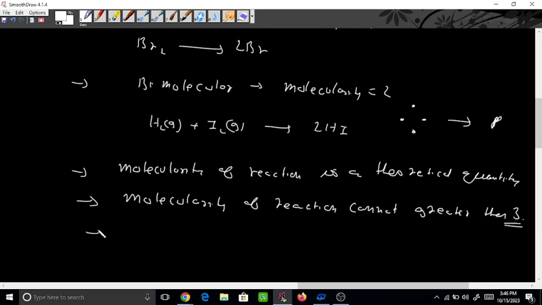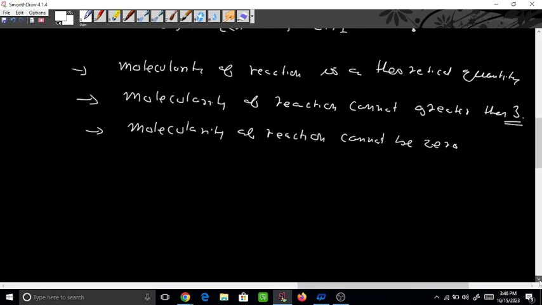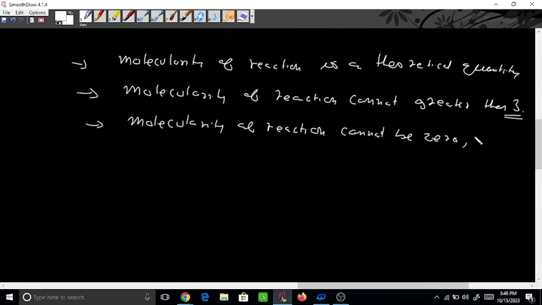One more point, that molecularity of reaction cannot be 0. Why? There should be at least one molecule. And it cannot be negative also. Why? Because what is a negative number of molecules? It is not possible. Zero molecules should not be there, negative molecules should not be there.